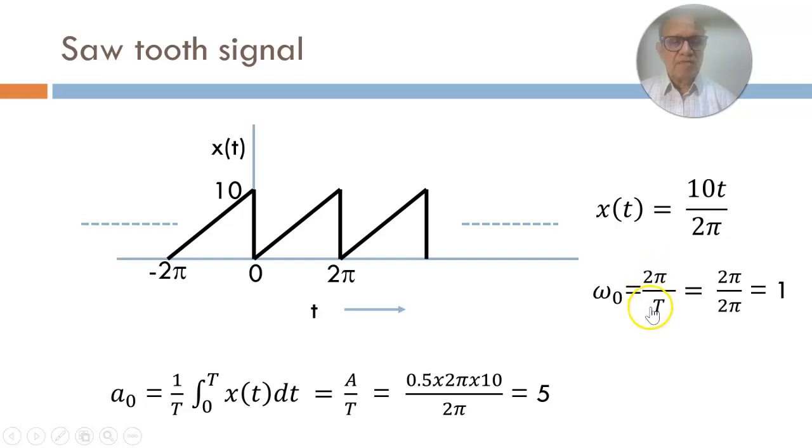That is 2 pi divided by T, and T itself is equal to 2 pi, so 2 pi divided by 2 pi is equal to 1. So that is your omega naught, which means that when you calculate the frequency spectrum for various values of n, n equal to 1 will mean omega naught, n equal to 2 will mean second harmonic, 2 omega naught, and so on.